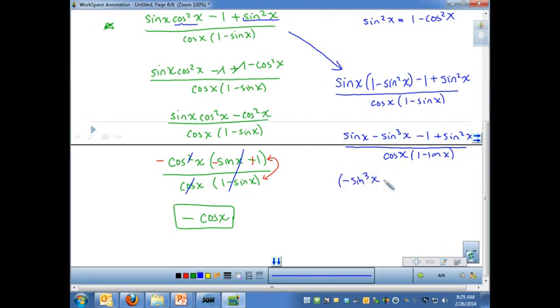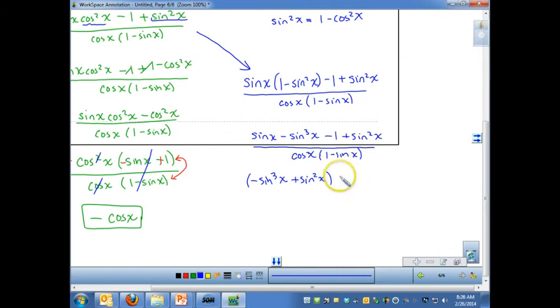So minus sine cubed of x plus sine squared of x, and then plus the sine of x minus 1. So I'm putting sine cubed with sine squared, and then the minus 1 and the sine of x together. So factor by grouping, all over cosine of x still, and 1 minus the sine of x.